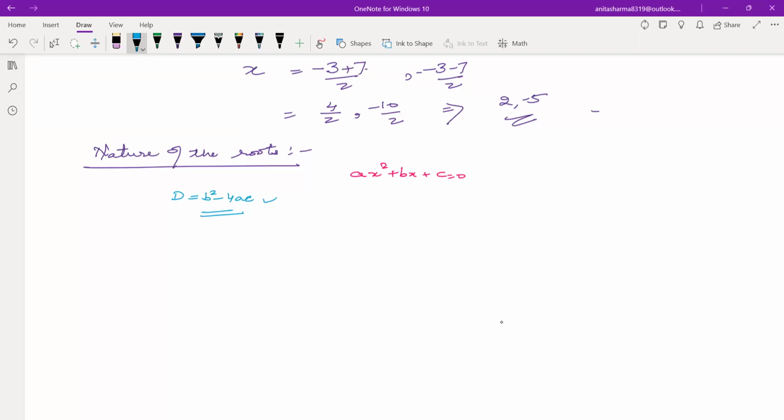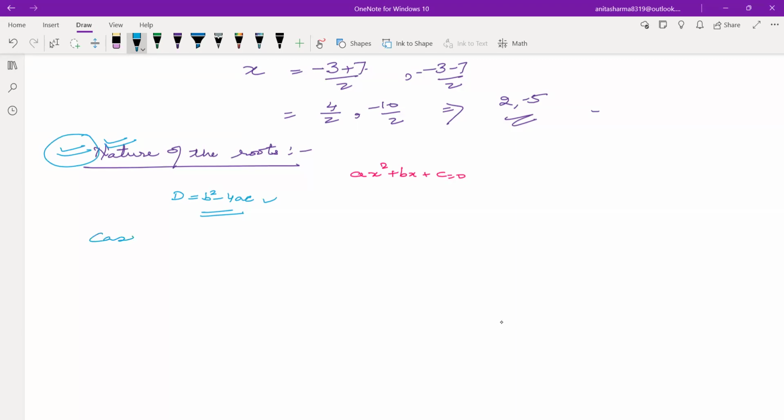See, beta, one MCQ will be from this topic, nature of the roots. They will ask you the nature of the roots, or they will ask you to find the value of k if the quadratic equation has real and equal roots. So first of all, you will find the discriminant.